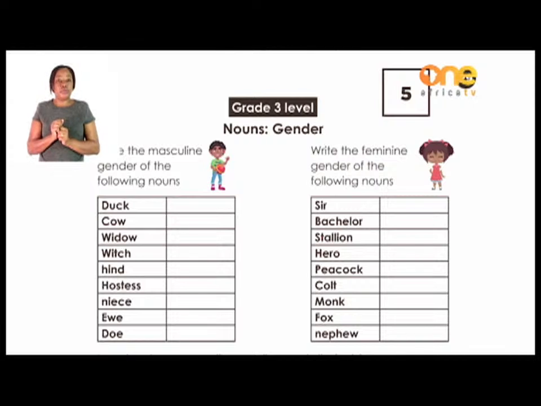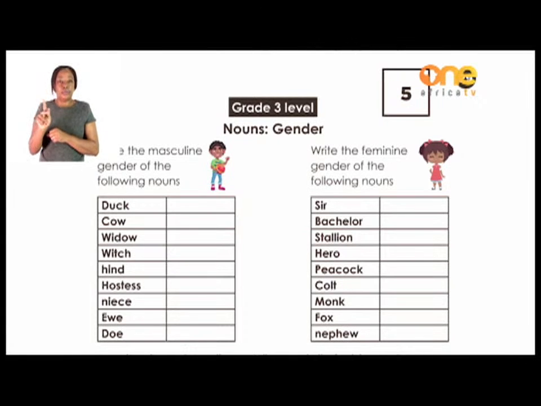The female side is given on the first one, and the male side is empty. Fill in the boy side. Okay, and on the second block, the male side, which is the boy side, is the one which is given. And the female side, which is the girl side, is missing. You have to fill it in. Okay, so let's do the first one together and see if you can also go and search more and find the others.